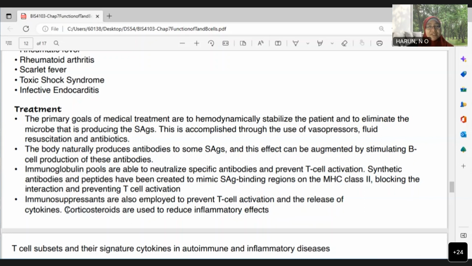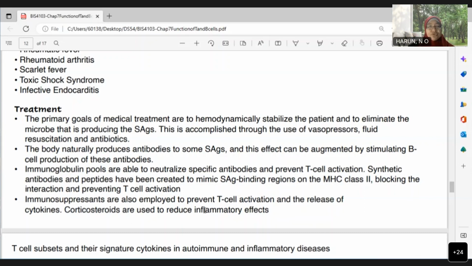Meanwhile, immunosuppression is also employed to prevent T cell activation and the release of cytokines. Again, like I said, cytokines are only produced in our body system or in animal systems in a minimal volume, even just traces of them, but not too many of them.